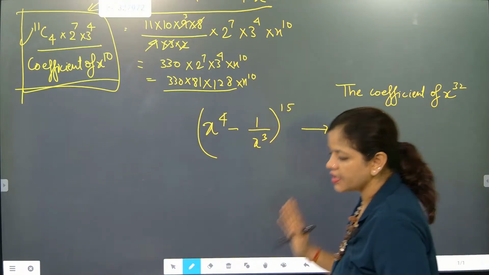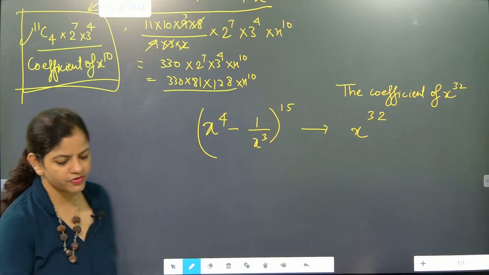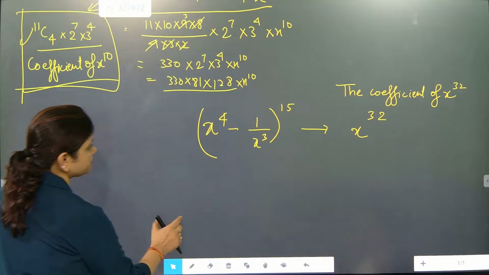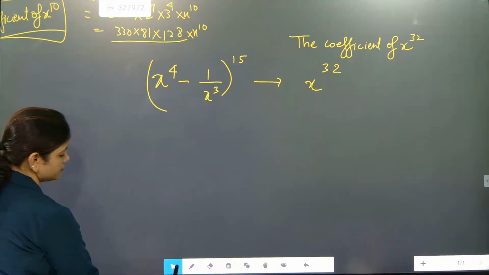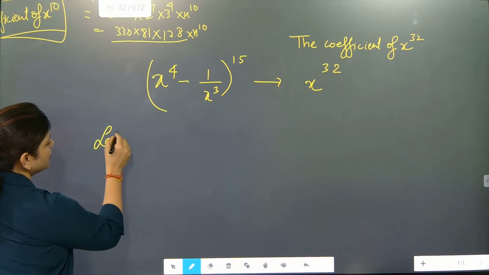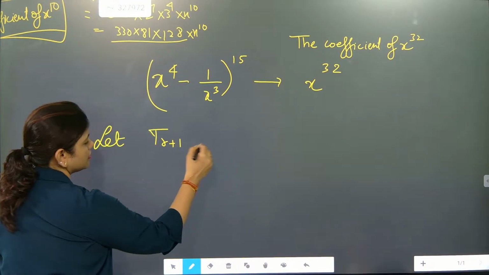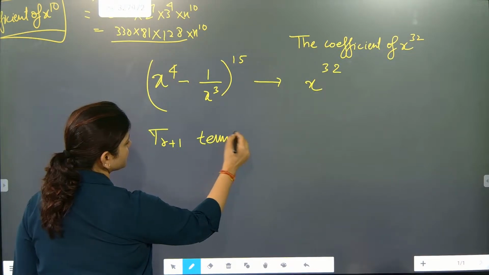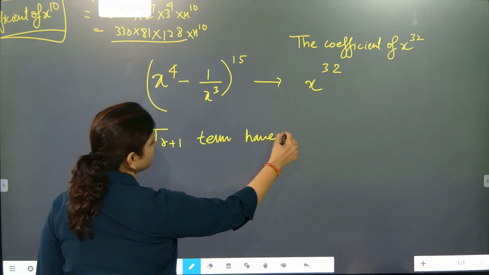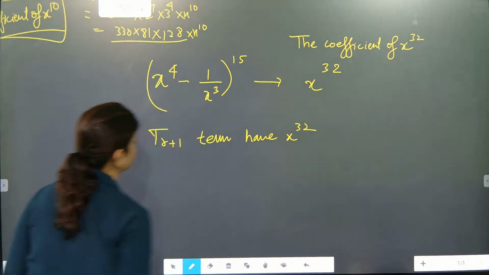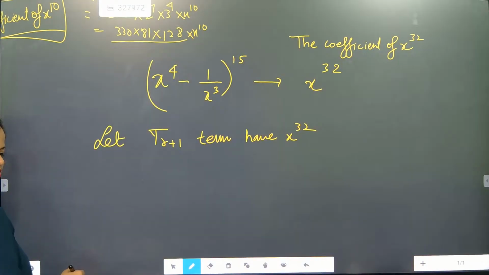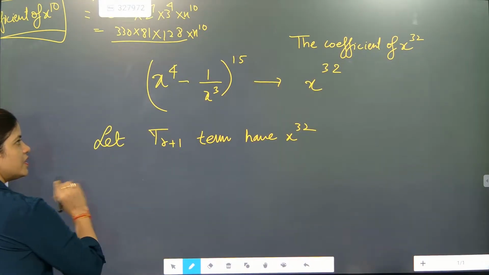First, we will start our work like this. Let the T(r+1) term have x to the power 32. So now find the T(r+1) term. Only the T(r+1) term you need to find first; don't worry about any other thing.